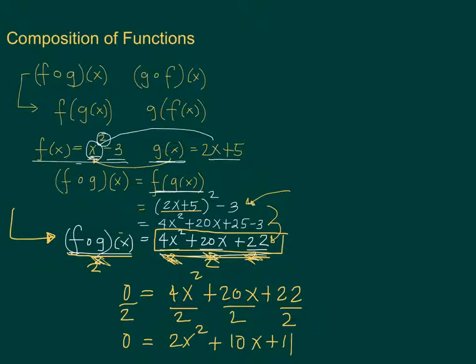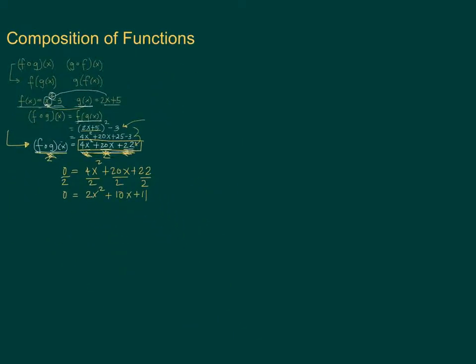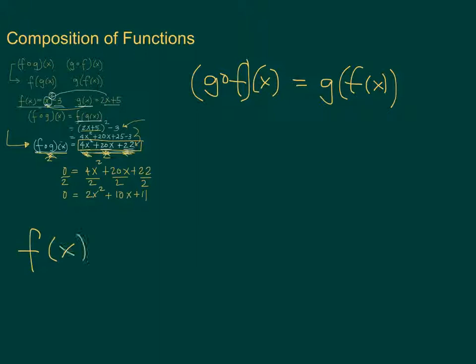Okay, now let's try to find g circle f of x, which is the same as g of f of x. So the same idea will apply. Let's rewrite the functions. f of x is x squared minus 3, and g of x is equal to 2x plus 5.